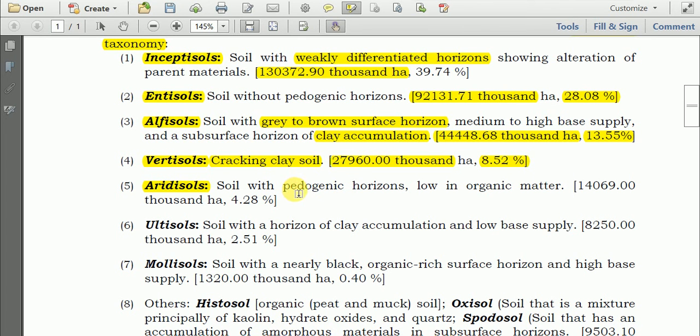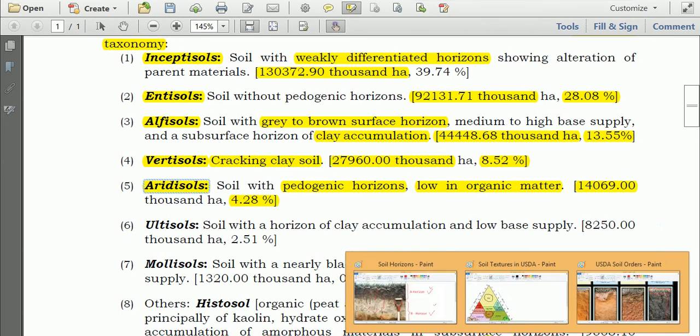It has pedogenic horizons, low in organic matter, and this soil covers 14,000 and 69,000 hectares, that is 4.28%.